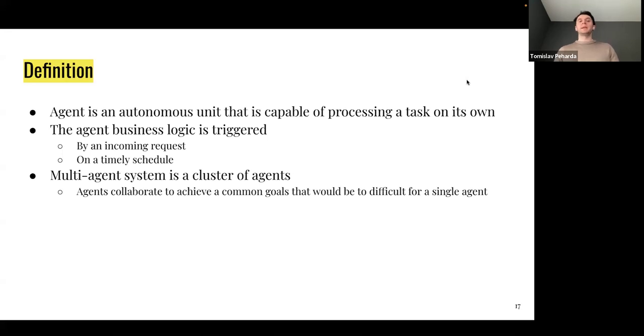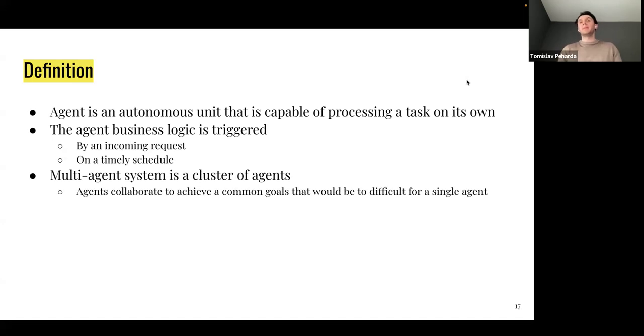And then a second way is on a timely schedule, which can be better described as a cron job. Imagine that you have an agent which is consistently gathering and collecting data throughout the day.